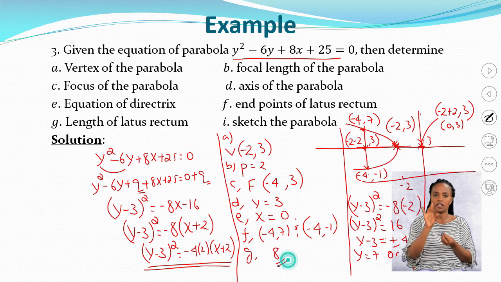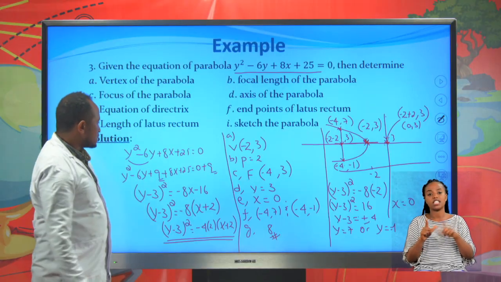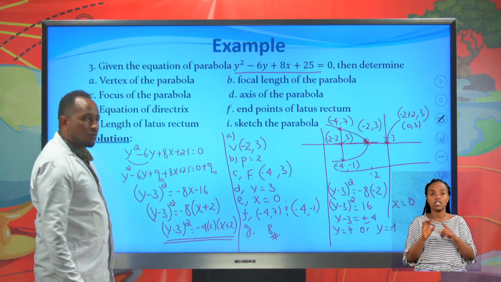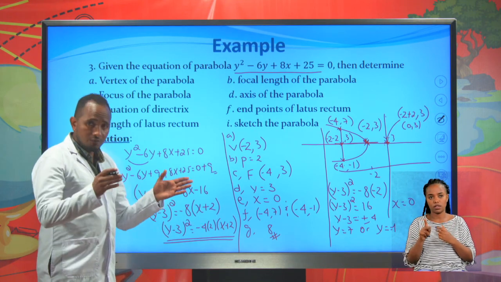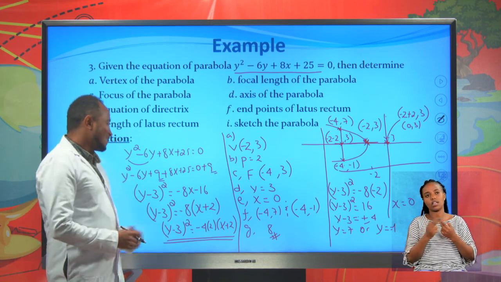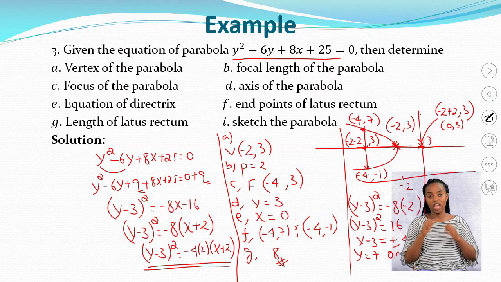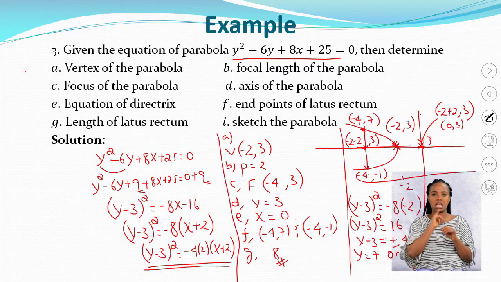By the way, for any parabola, the length of latus rectum is always 4 times p. We have p equal to 2, so 4 times 2 gives you 8. So the length of latus rectum is 8, or you can use 4 times p.